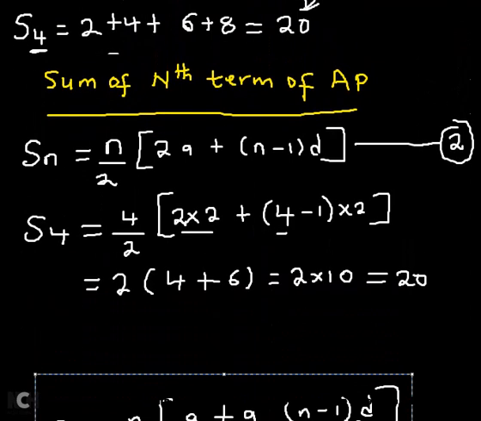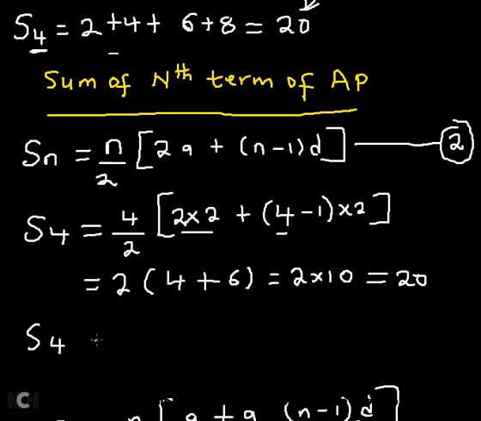The series S4 is going to be the sum of 2 plus 4 plus 6 plus 8. So discover that 8 now is the last term of that particular series.